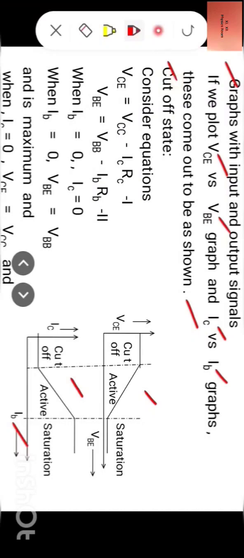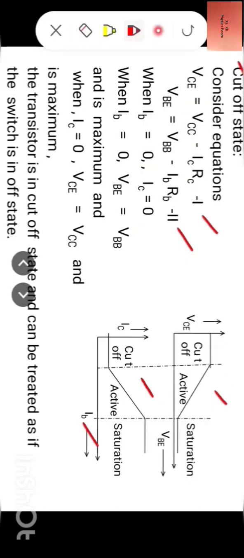Now consider equations. VCE is equal to VCC minus ICRC, equation 1, and VBE is equal to VBB minus IBRB, equation 2. Now when IB is equal to 0, IC is equal to 0.